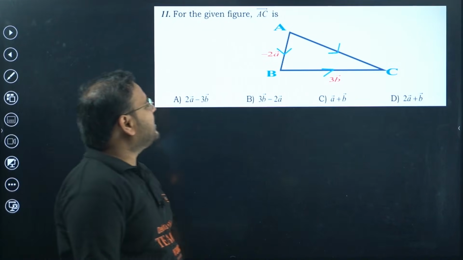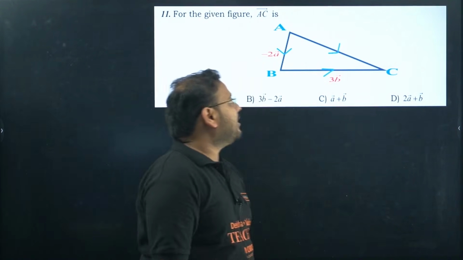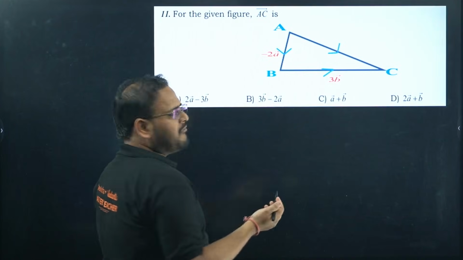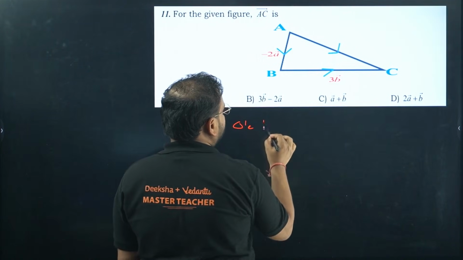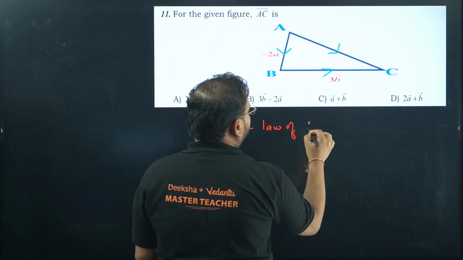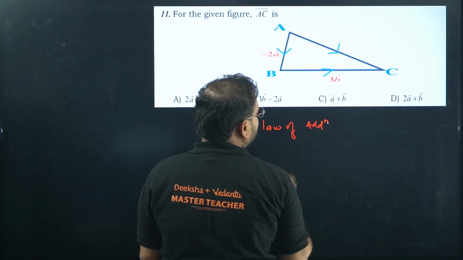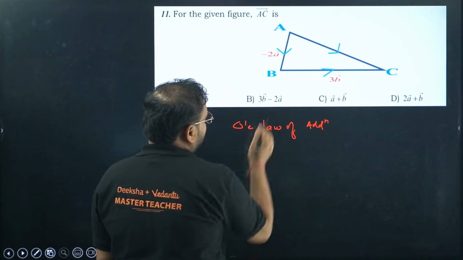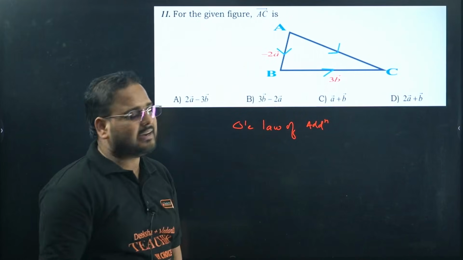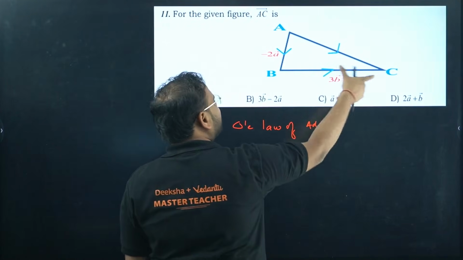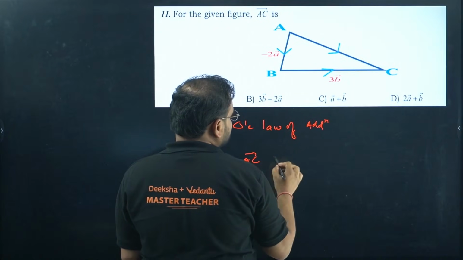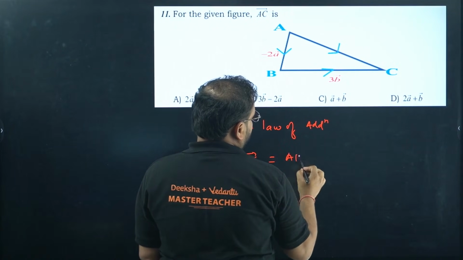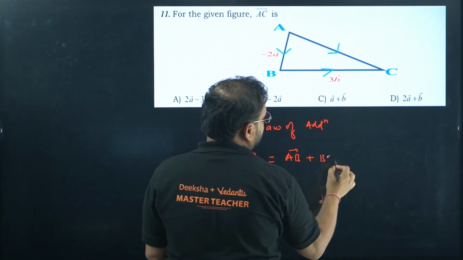For the given figure, AC vector, what is the AC vector going to be? You can apply triangle law of addition here. So we know that if it is joined head to tail, right? This is the head, this is the tail of vector BC. Then AC will be a resulting vector. So vector AC is given by vector AB plus vector BC.